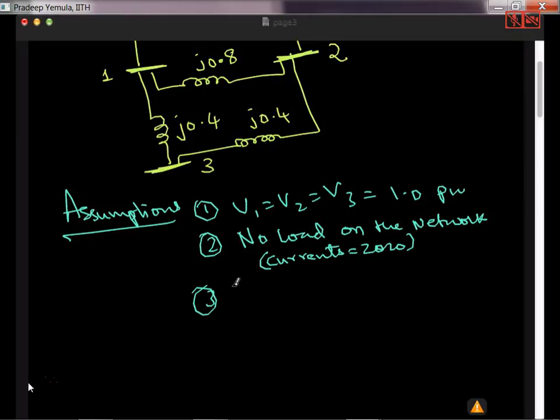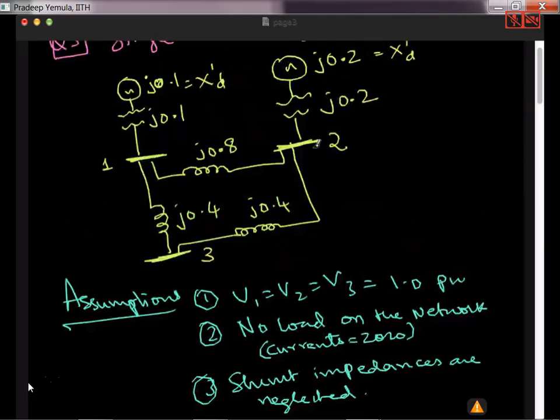And another assumption is shunt impedances are neglected. That means there is a charging impedance for this line. So the pi model of the transmission line, all such kinds of things we are neglecting because we are interested in calculating the faults.